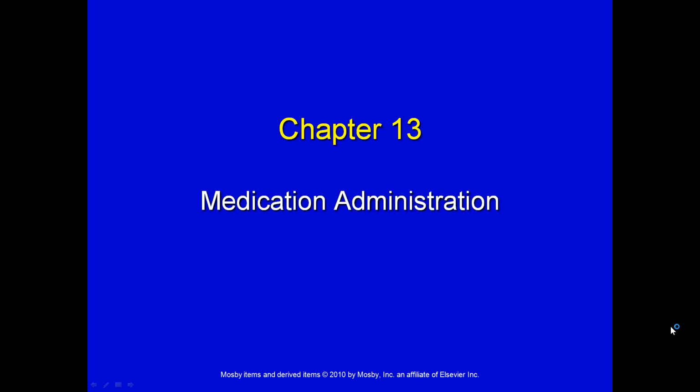We get away from using 1 cc. We don't record milliliters as cubic centimeters anymore because with sloppy handwriting, a 1 cc could look like 100. So we use 1 ml. We don't use the cc anymore in our documentation. We use ml.